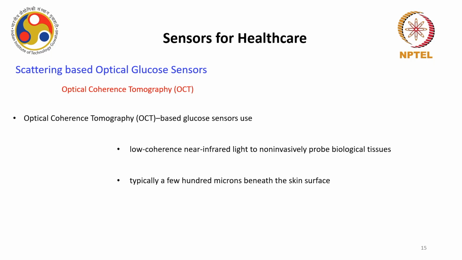The OCT based glucose sensor uses low coherence near infrared light to non-invasively probe biological tissues. Typically a few hundred micron of skin, around 100 micron beneath the skin, is detected.